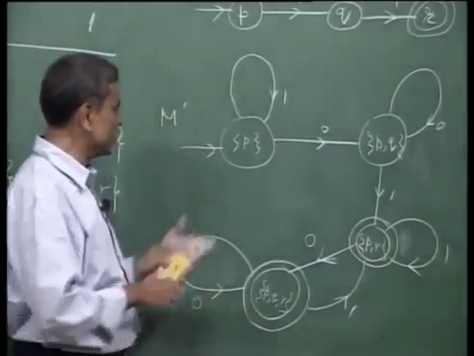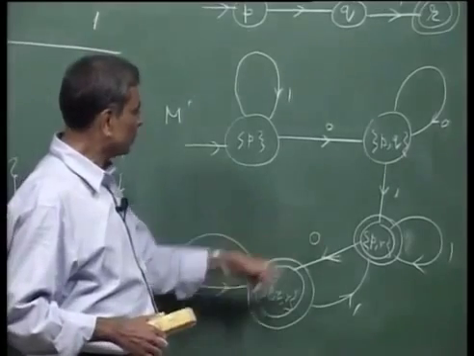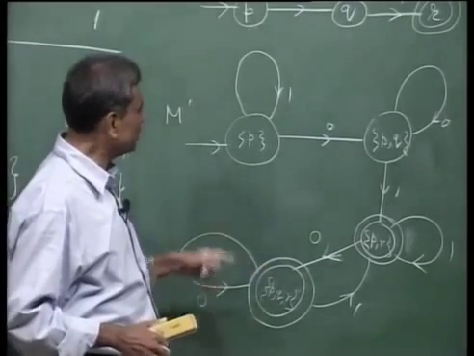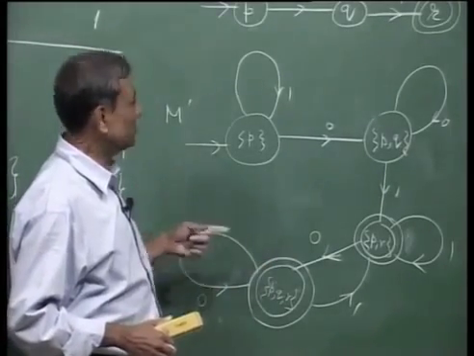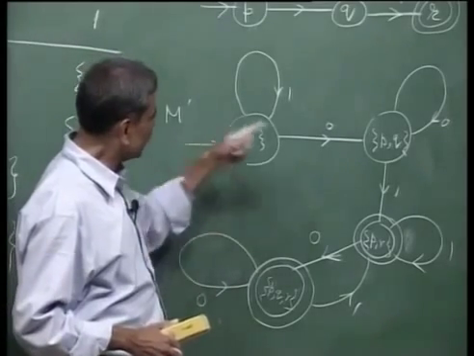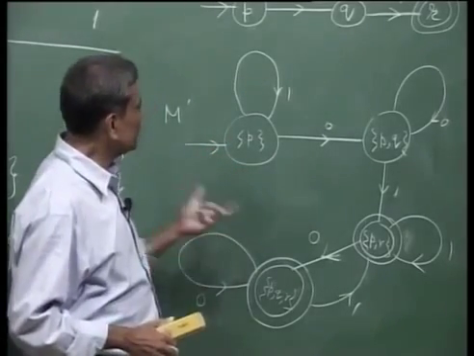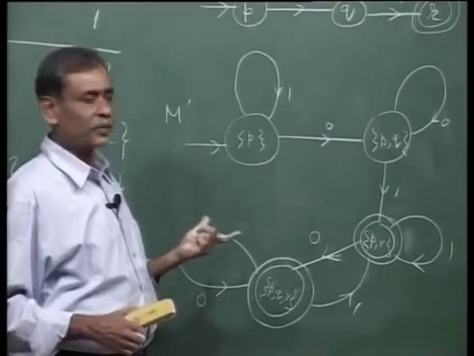This is not the best DFA that you could design, but of course, this DFA accepts precisely the same language, namely the set of all strings in which 0 1 occurs as a substring.